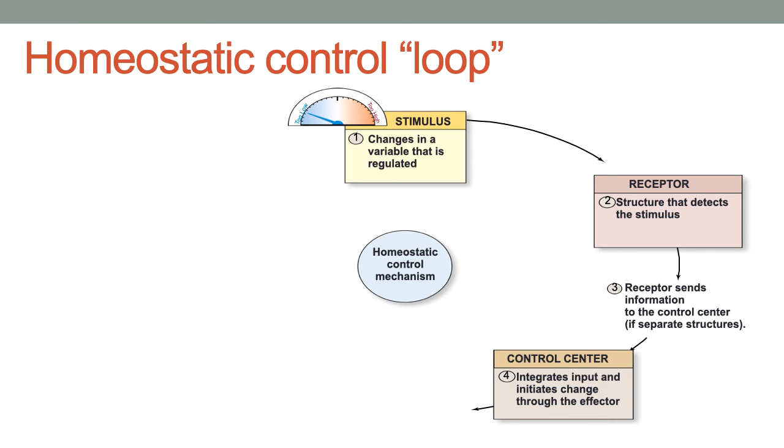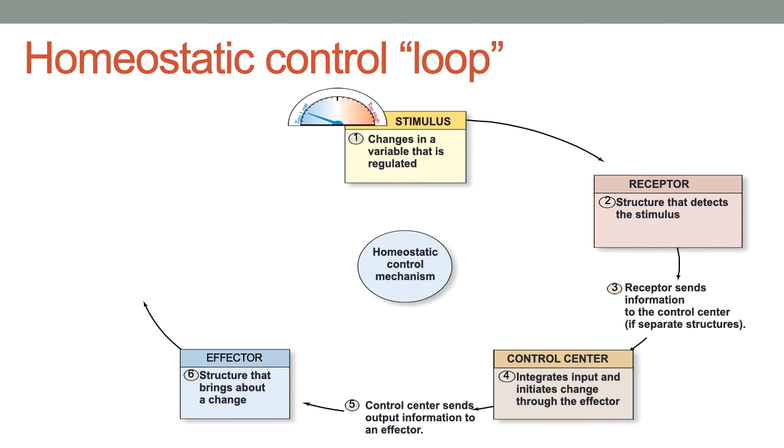The control center is going to take that information and then send output information to an effector, and the effector is simply the structure that brings about the change. So different receptors are going to receive information about different stimuli, and therefore different effectors are going to be involved in changing things back depending on the stimuli.